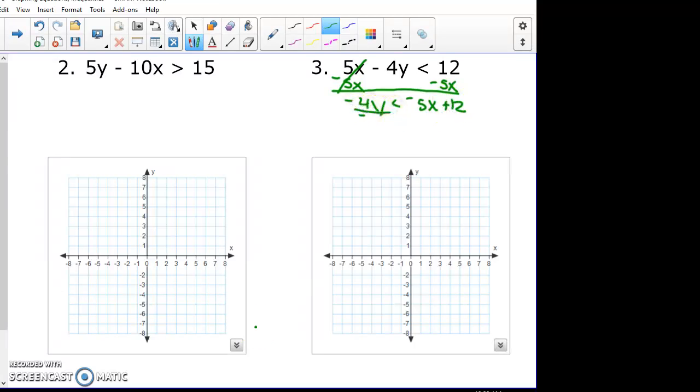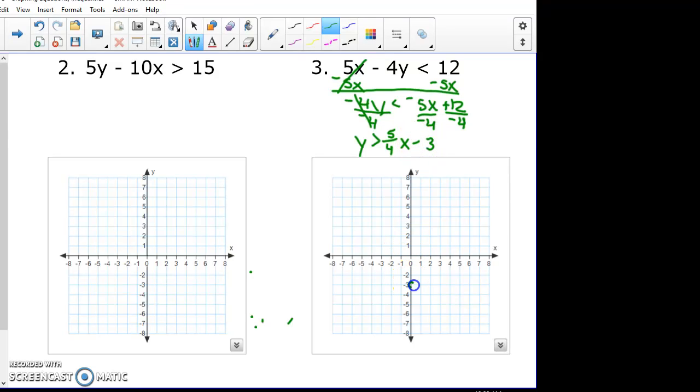From here, we're dividing every term by negative 4. Now keep in mind, we're dividing by a negative. So, according to our property, we have to reverse the direction of our inequality sign. Now we're going to simplify our slope. So 5 over 4 doesn't simplify, but we're taking a negative divided by a negative, which will become a positive 5/4 x. 12 divided by negative 4 is negative 3.